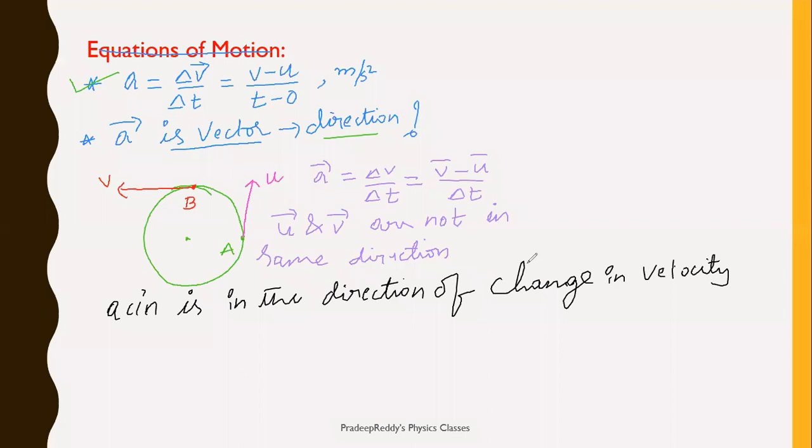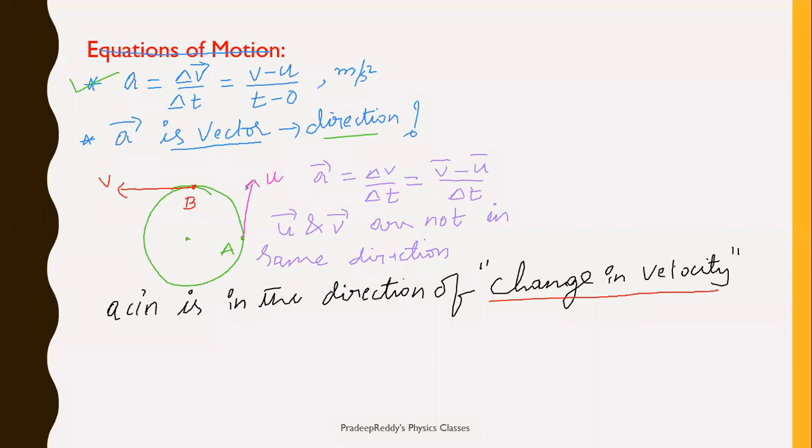This part is very, very important. Most of the students get confused by this part. You usually get used to the definition that acceleration is velocity by time, so in whichever direction velocity is, in that direction acceleration will be. That is the usual misconception. Here acceleration is in the direction of change in velocity.